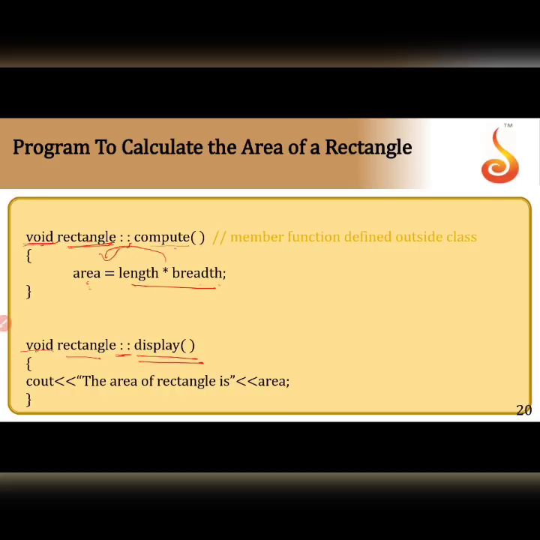The area of the rectangle is whatever you have calculated here has to be written here. This thing is printed as it is because it is in double quotes, and this one is outside the quote. So the value which is stored in that variable is printed here. This ends my class.